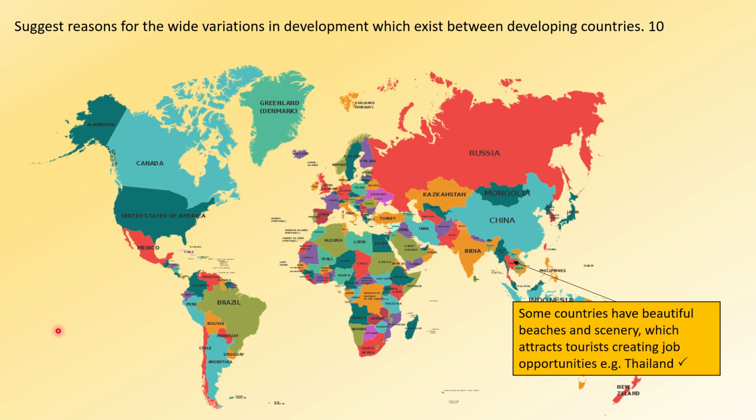Some countries, like Thailand, are developing countries, but they are slightly more developed than others because they have a unique feature. For example, Thailand has famously beautiful beaches and scenery, which creates a tourism industry.